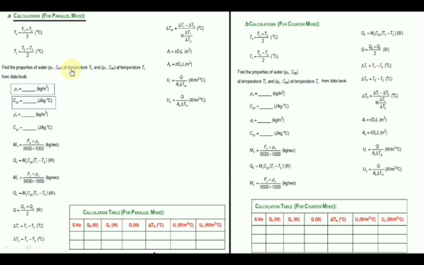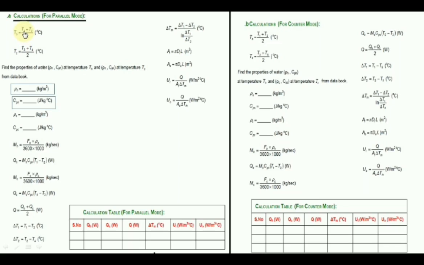Now after that, these are the calculations which we need to do. Here we will see the calculations for the parallel mode. The same types of calculations we have to perform for the counter current mode as well. The first is TH, that is a capital TH. Capital TH is the average temperature of the hot fluid.